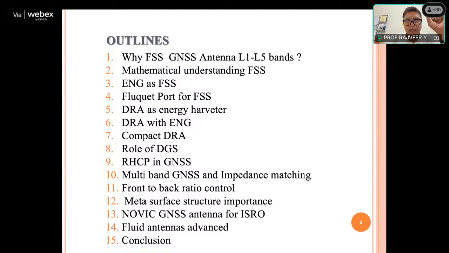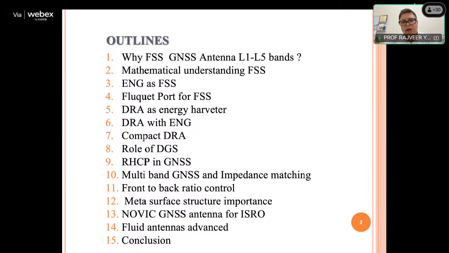And the impedance matching, when we talk about the L1 to L5 bands, then 2.4, then NavIC frequency, then 5.8. So getting this impedance match is a very challenging and crucial task.